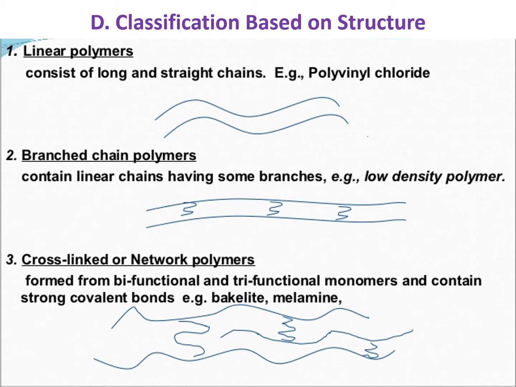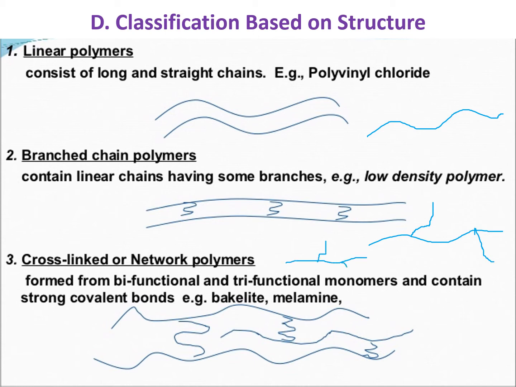And some polymers have branches, so those are called branched polymers. If there is a polymer with one side chain, another branch, like this, then that type of polymer is called a branched polymer.